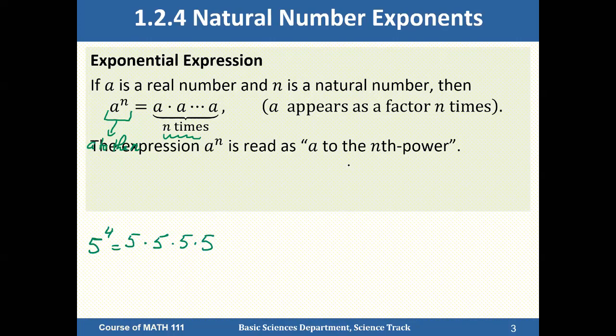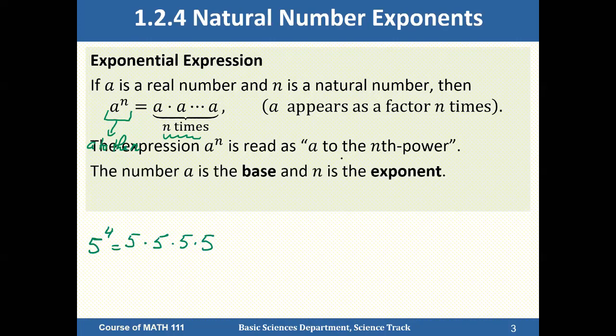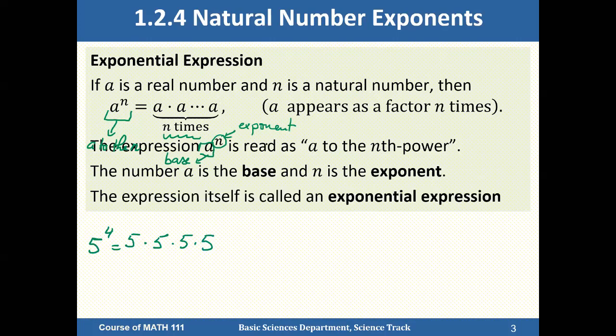Then the factor a appears n times in the product. And we say it is a to the nth power, or a to the n for short. A is called the base, having the base of the exponent, and n is the power or the exponent. Okay? And this is an exponential expression.